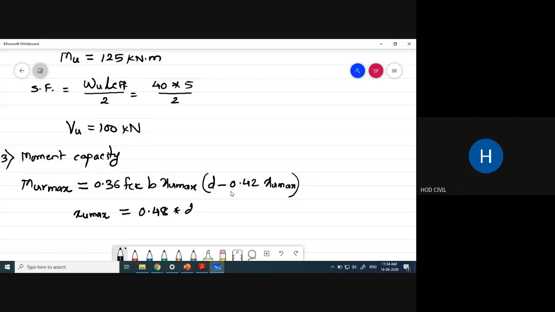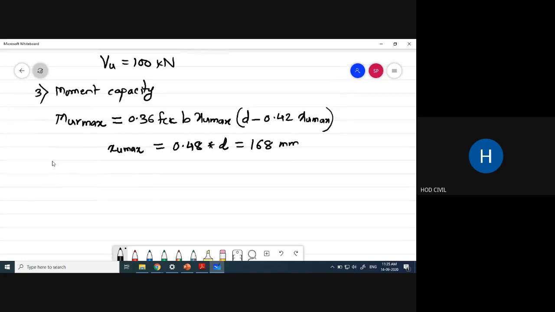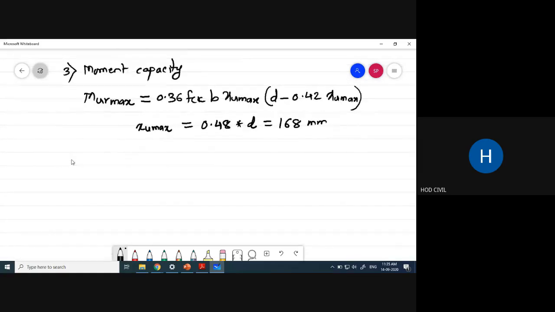So tell me the value now here. d is 350. So xu max is 168. 168. Okay.